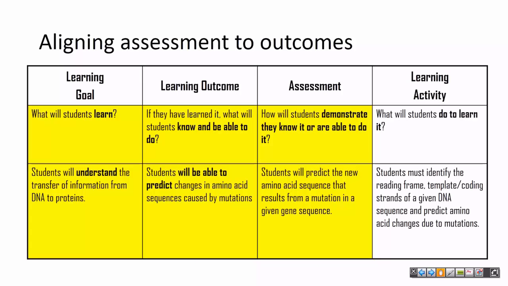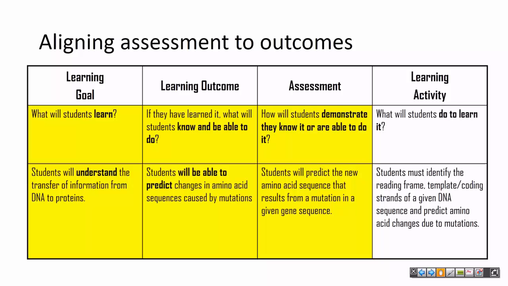So, to give an example of how this process might work so far, you start with a learning goal. What will students learn? In this case, the example might be understanding the transfer of information from DNA to proteins, starting on the left here. And then you might break those down into several learning outcomes, like what will they know and be able to do? Able to predict changes in amino acid sequences caused by mutations.